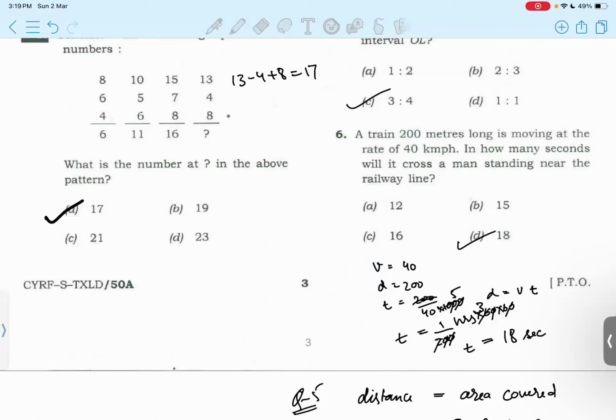Either you can initially convert this into kilometers, or you can convert the speed into meters per second. Calculate the time taken. I calculated that in hours and then converted it into seconds, because it is asking us in seconds. So it should be 18 seconds. Option D.